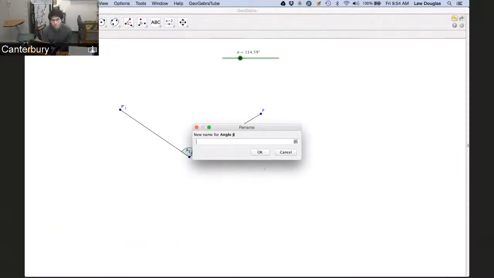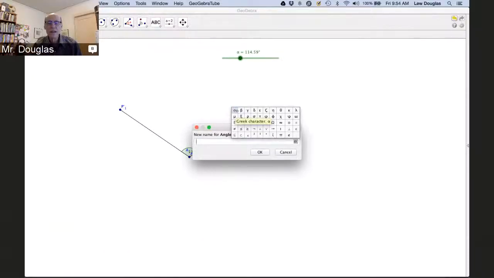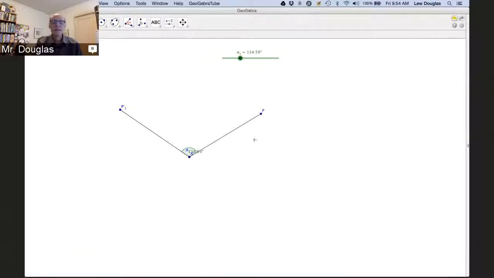Yeah, didn't know it was alpha. There. All right. It says alpha 1. I have to make a new slider, I think.